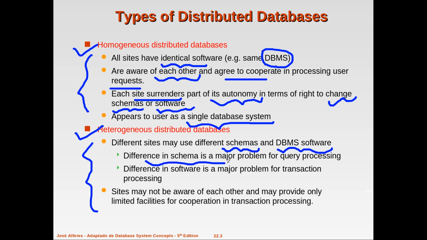Difference in schema is a major problem, because if one is using a relational model and the second one is using an object oriented model, the query processing will be a difficult task when we are working on a transaction where we need to have communication between different sites. And also there is difference in database software.